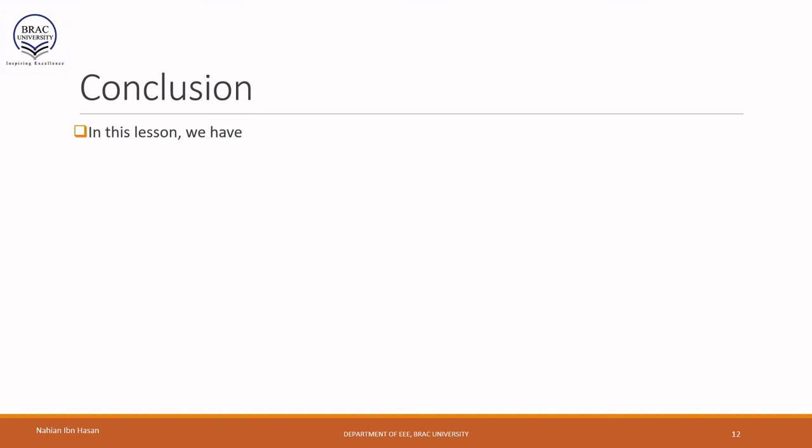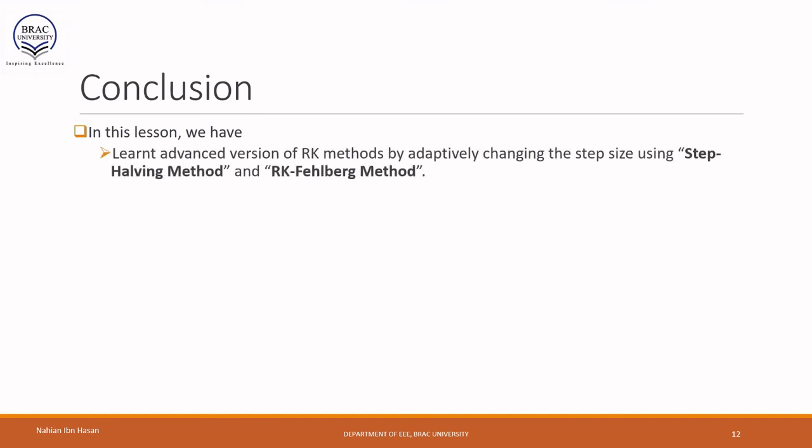Okay, so in this lesson we have learned about the Runge-Kutta-Fehlberg method and the step halving method. These are the two special methods that I have discussed under the adaptive Runge-Kutta method. Both of these methods are adaptive, and I have also illustrated graphically what adaptation means, how the step size changes based on the value of the slope.